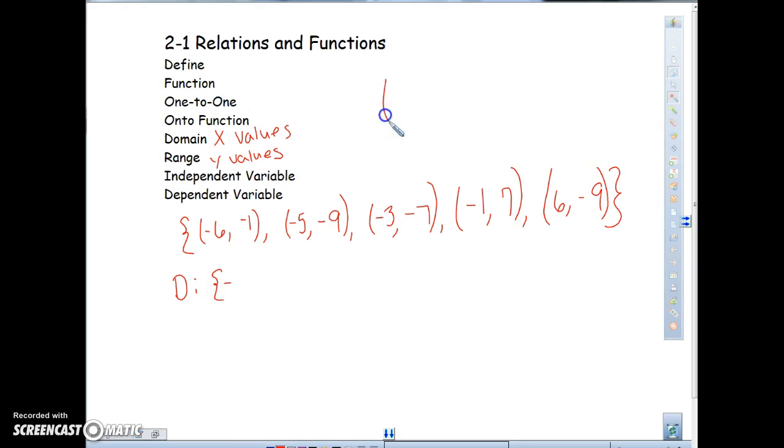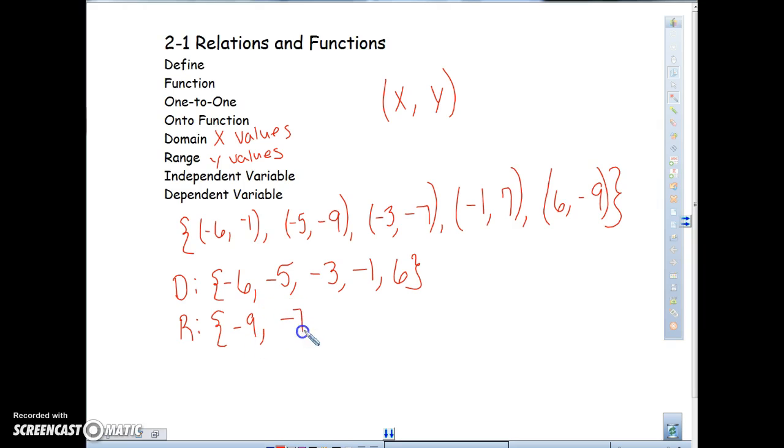And remember, when you have a coordinate, it's in the form of x, y. So in the domain you have -6, -5, -3, -1, and 6. Our range are the y values, and putting them in order, you have -9, -7, -1, and 7.